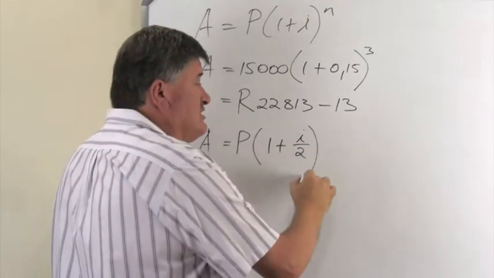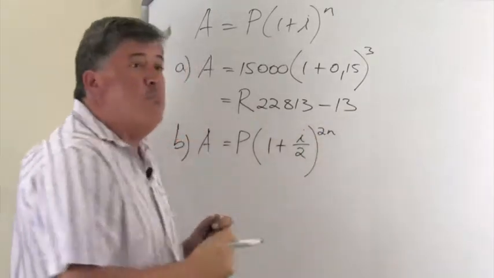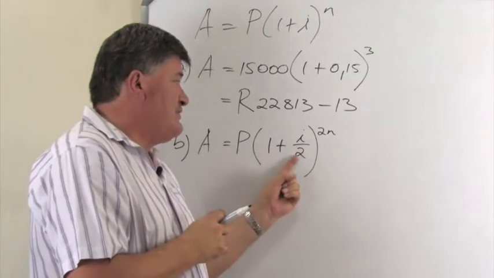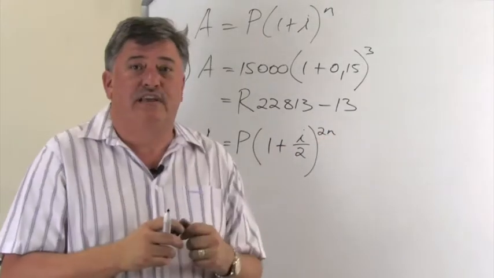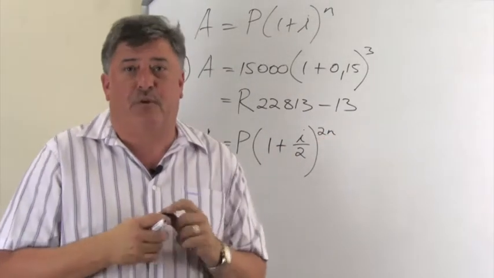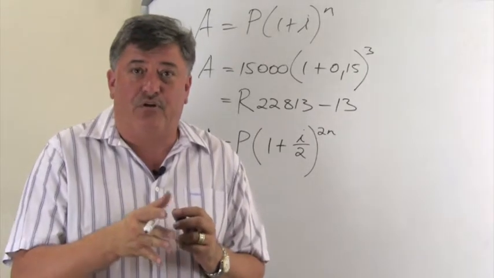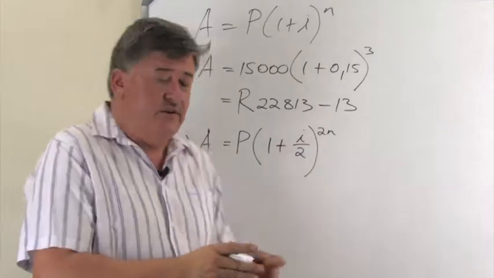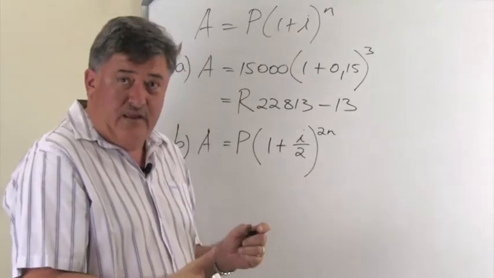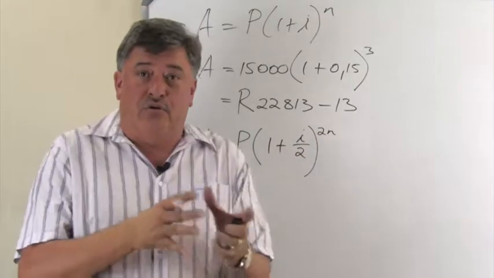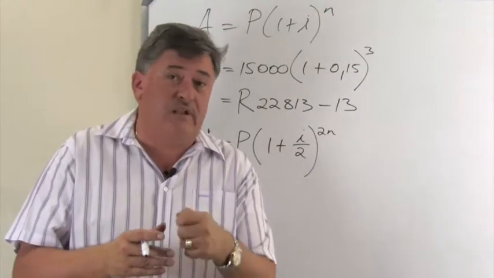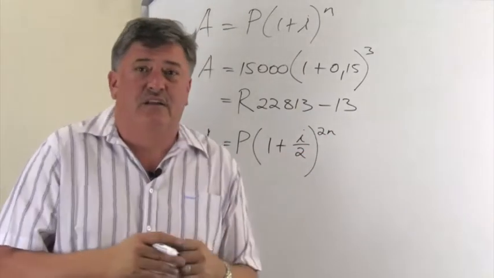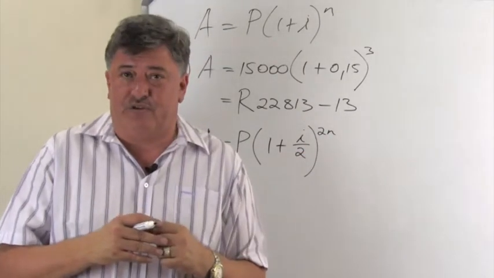And then our exponent, we will now multiply by 2. So if it's half yearly, you say I over 2, and the exponent, you say 2 times the number of years, because that gives you the number of half years. So everything must now change to half years. Your interest rate, half year, your time period, the number of, not number of years, but number of half years. And if you do this adjustment, it makes it much easier when you do your substitution.